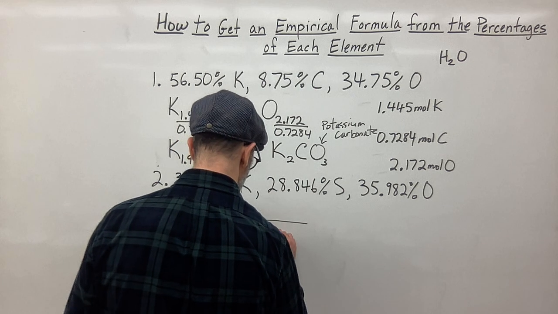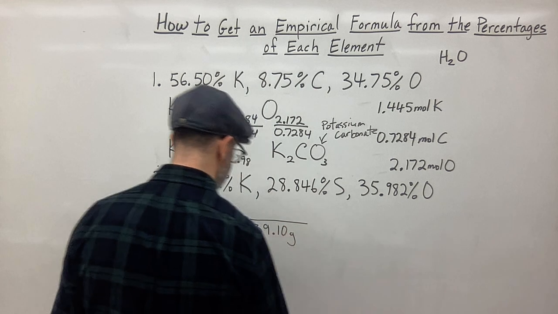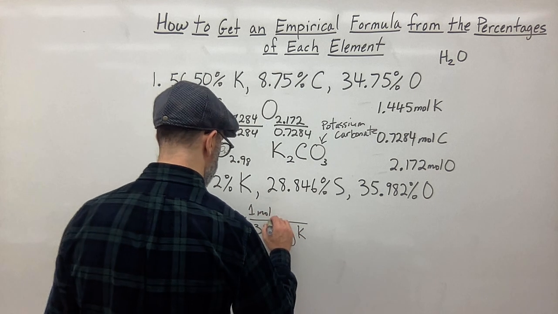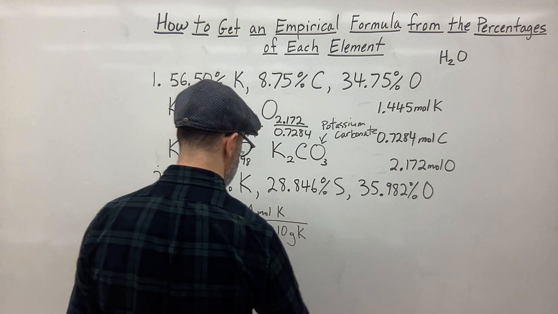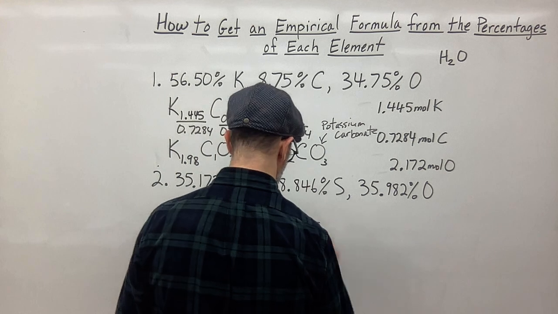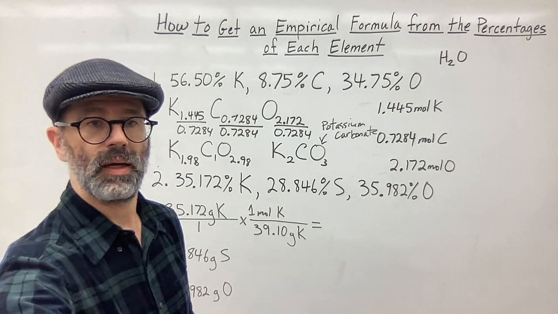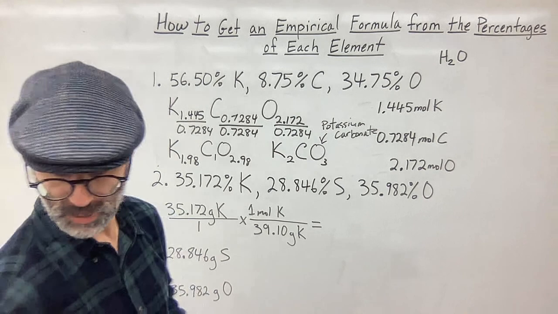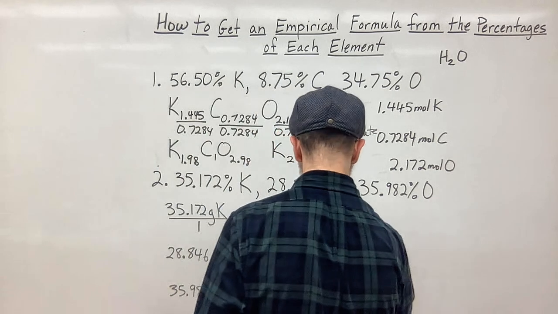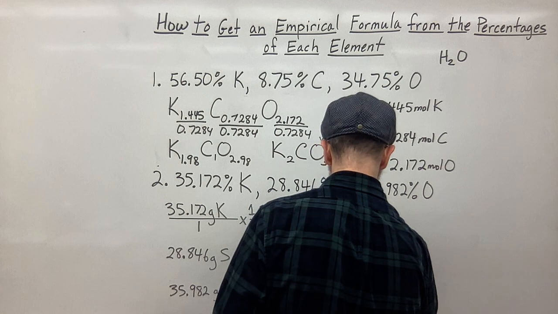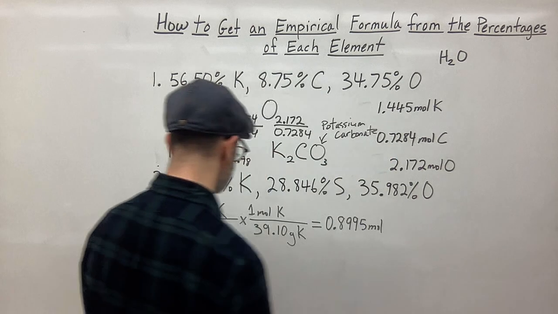So 39.10 grams of potassium on the bottom, 1 mole of potassium on top, and I calculate that to be 0.8995 moles.